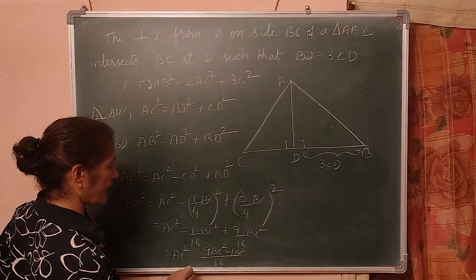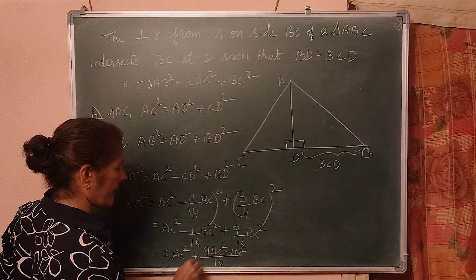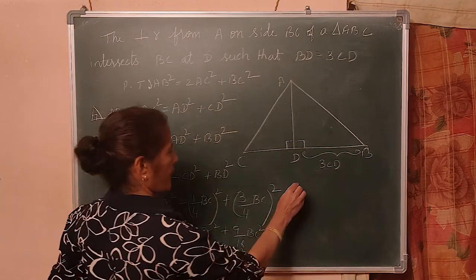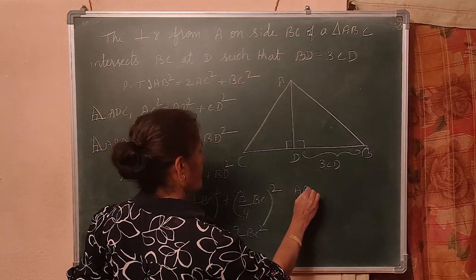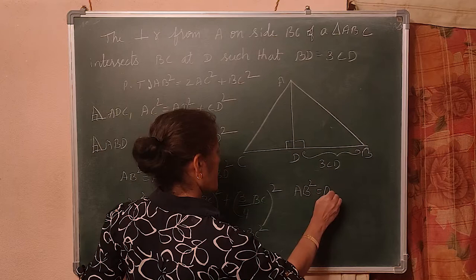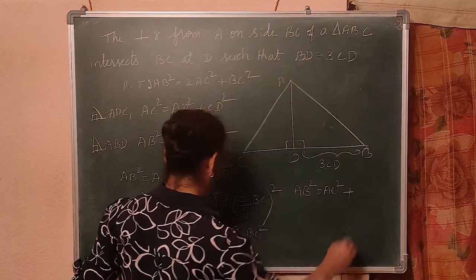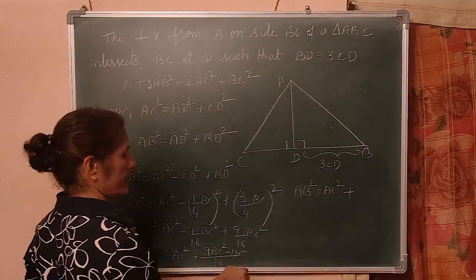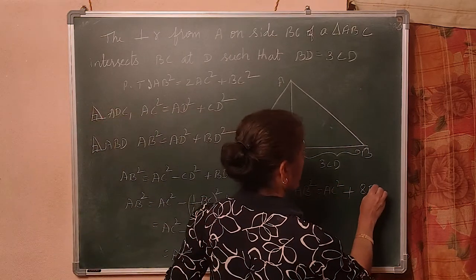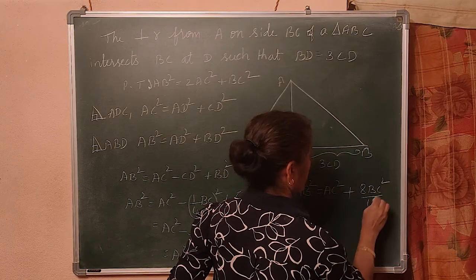So what do you get? AB square is equal to AC square plus (9 minus 1), 8 BC square by 16.